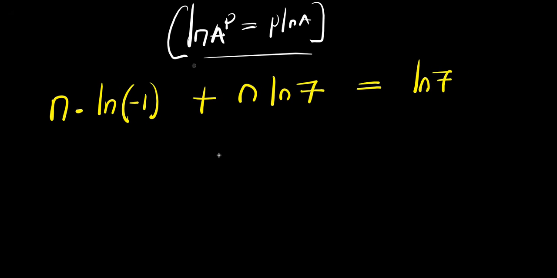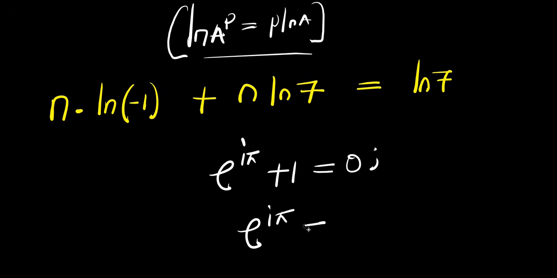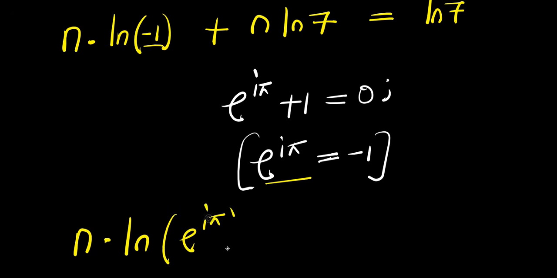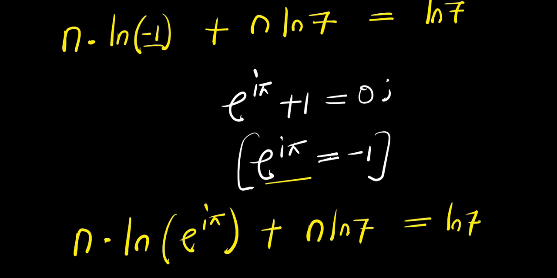So from here, if you have e^(iπ) + 1 = 0, meaning e^(iπ) = -1, we replace this -1 here. With this, I have n times natural log e^(iπ) plus n times natural log 7 equals natural log 7.